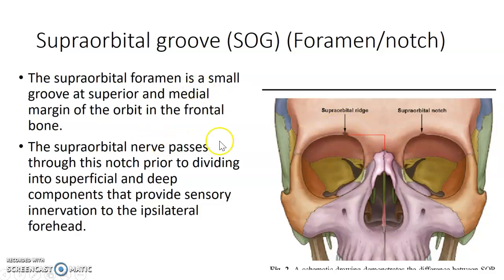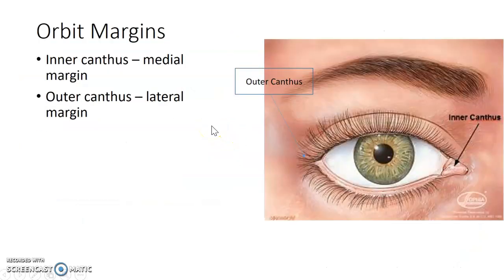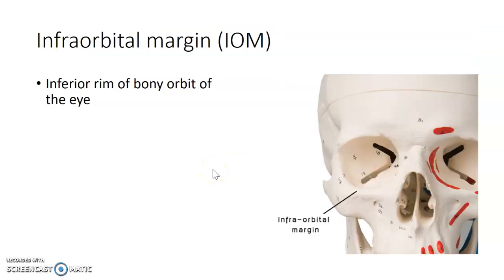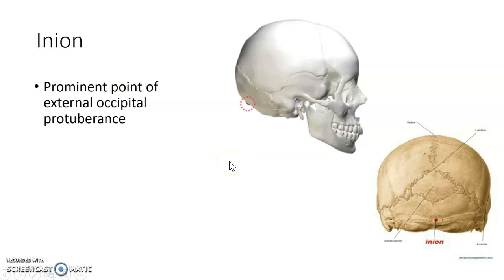It's a small groove in this upper portion of the orbit. Right. Orbit, either inner or outer canthus. Excuse me. Supraorbital margin, SOM. That'd be your superior rim of the bony orbit of the eye. Inferior margin, pretty self-explanatory. Inferior part of the orbit.